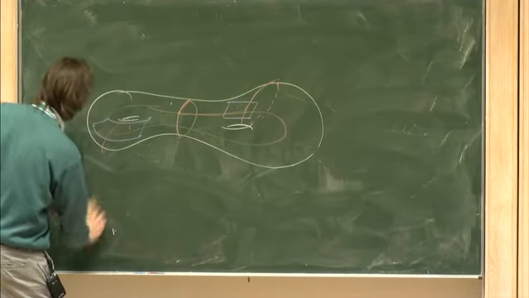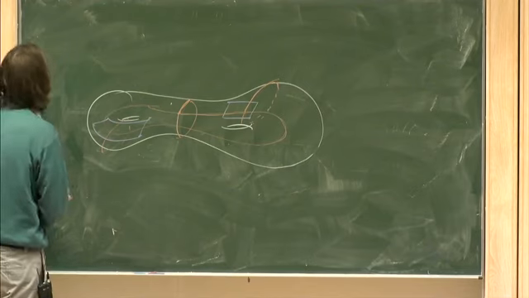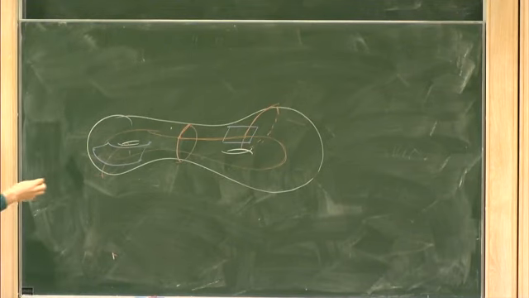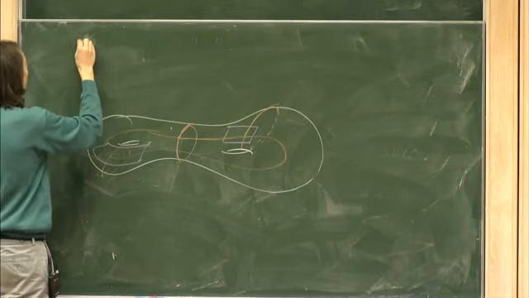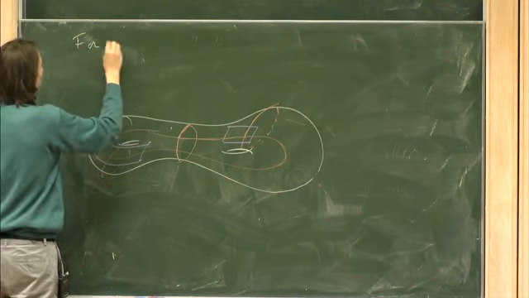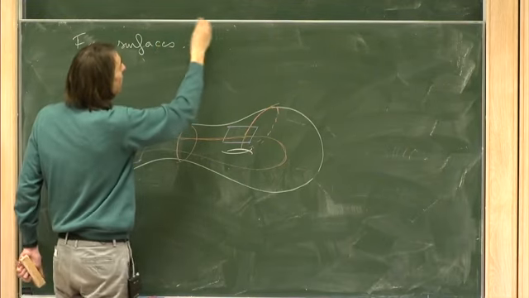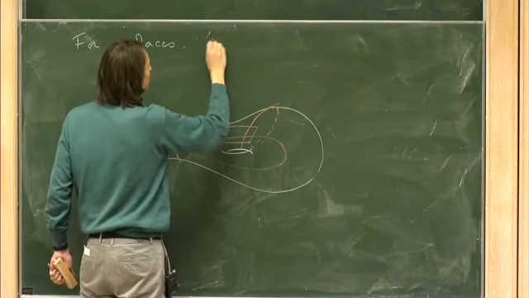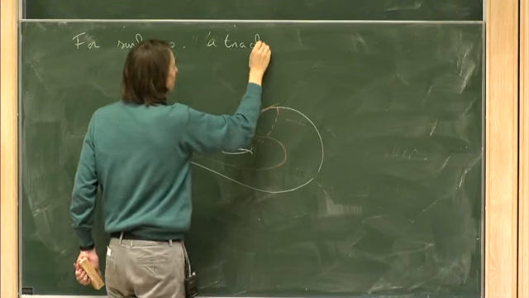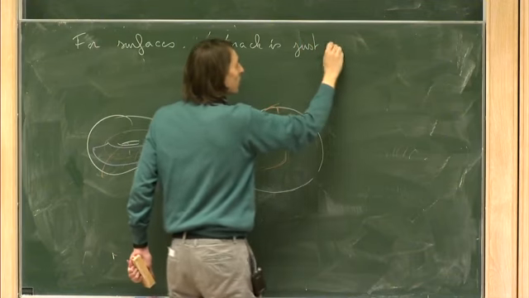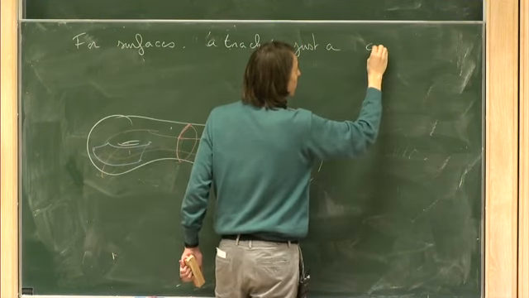So if I rewrite this in the case of surfaces, a track is just a closed curve.